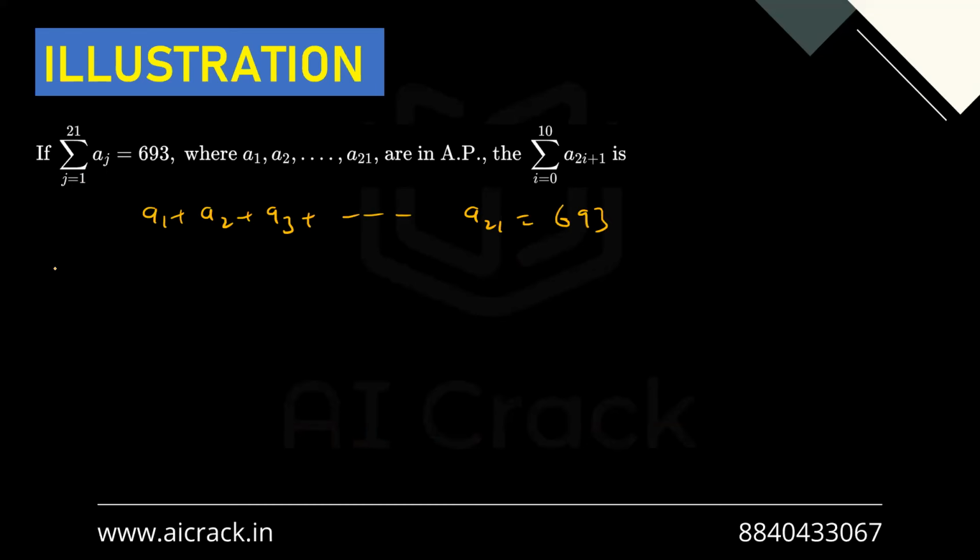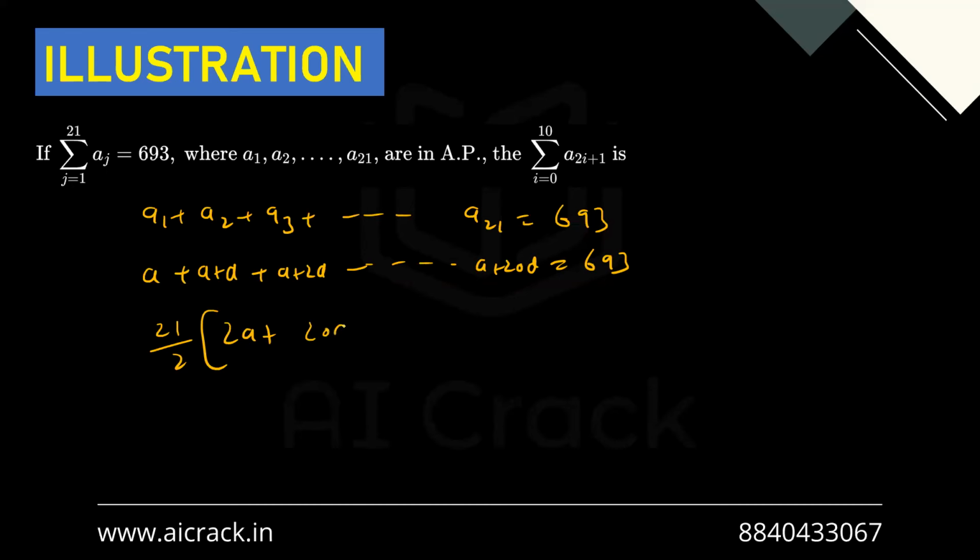Now let's say the first term is A over here and the common difference is D. So A1 becomes A, this becomes A plus D, this becomes A plus 2D, till A plus 20D. That is 693. Okay. Now if we use the summation AP formula, we'll be getting 21 by 2 into (2A plus 20D) equals 693, right? Because we have 21 terms over here, that's why 20D.